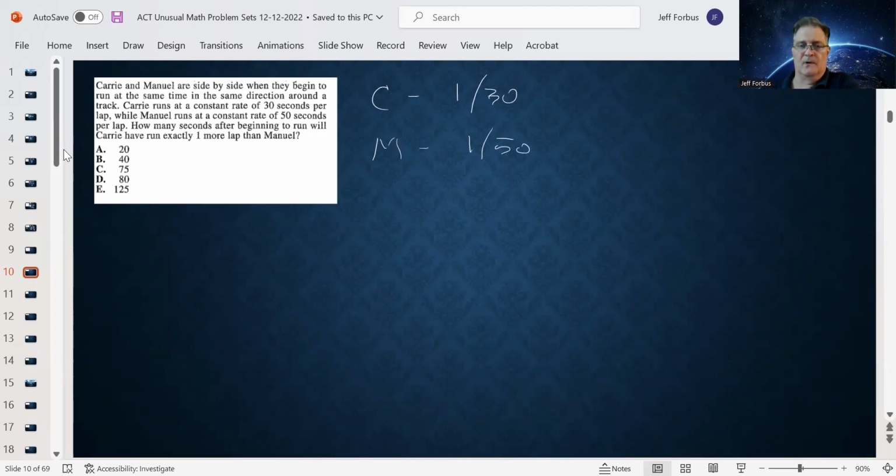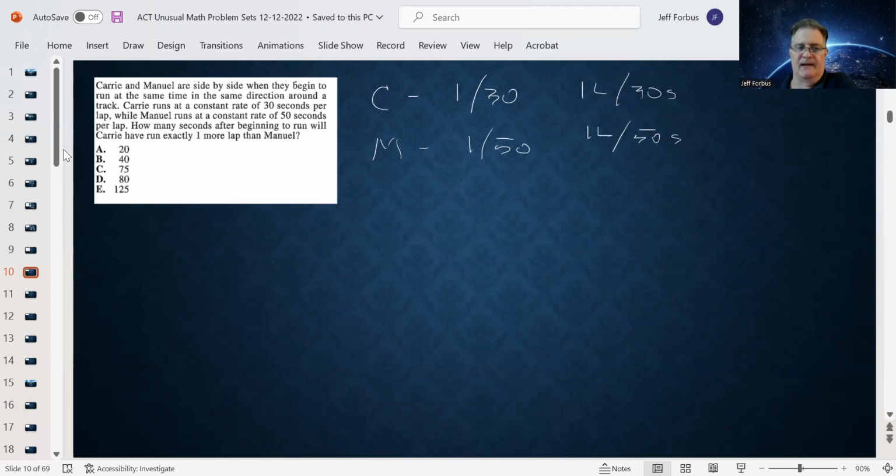So our units are laps: 1 lap per, the L stands for lap, 30 seconds, S for seconds. 1 lap per 50 seconds. We got our rates mathematically laid out now.